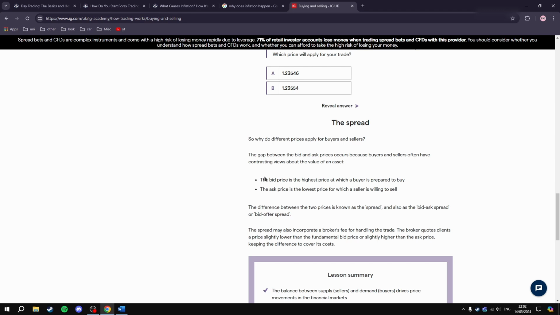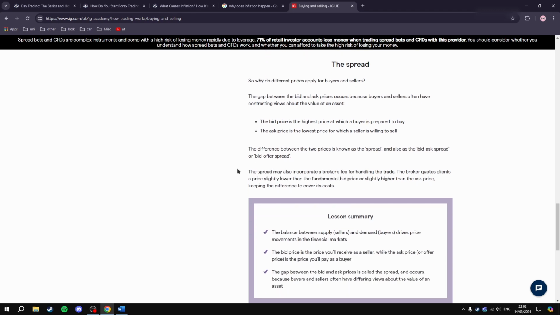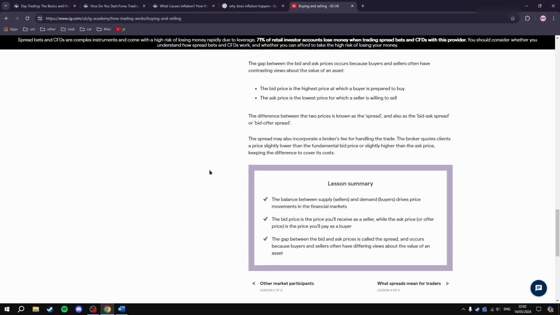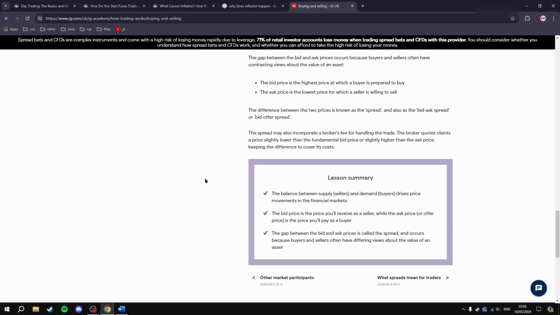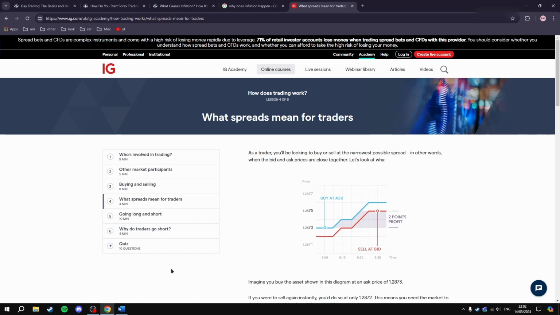The bid price is the highest price at which a buyer is prepared to buy, the ask price is the lowest price at which a seller is willing to sell. The difference between these two prices is known as a spread, also known as a bid-ask spread or bid-offer spread, and the spread may also incorporate a broker's fee for handling the trade. Then we read through the lesson summary, and now we're on to what spreads mean for traders.